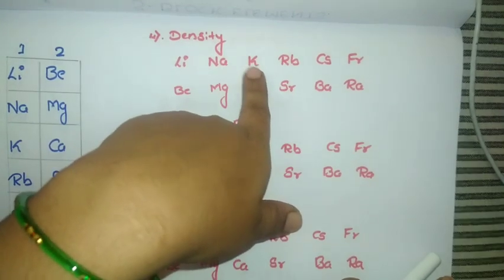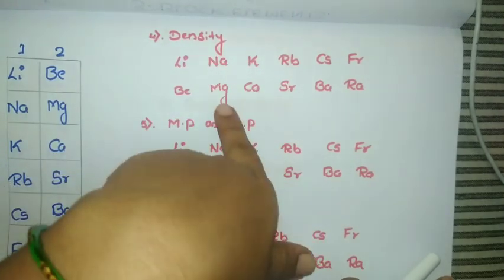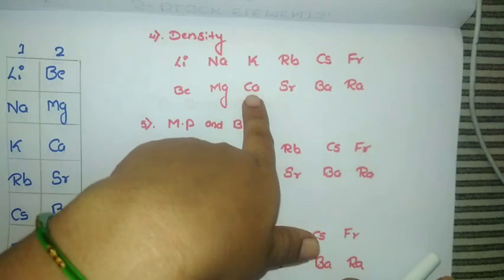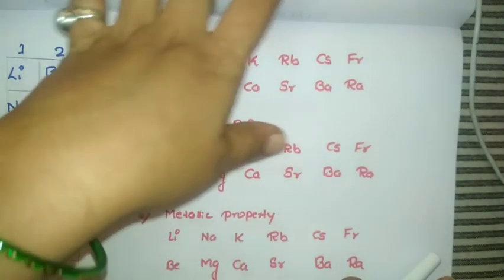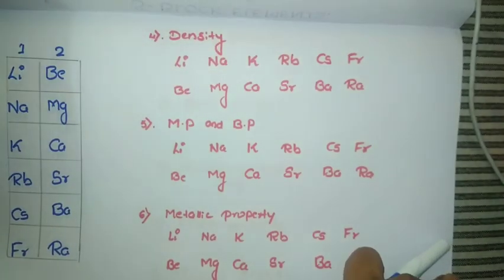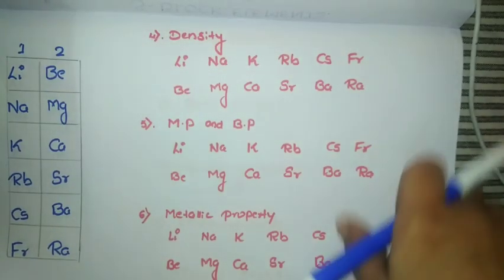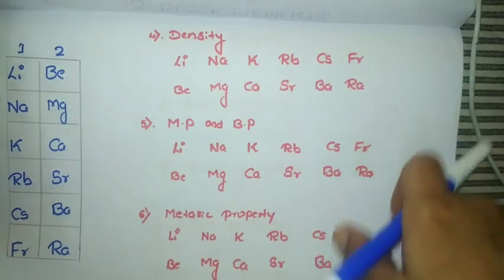Potassium is very light compared to sodium. What is the reason? Compared to magnesium, calcium has a low density. What is the reason? We need to concentrate on all these things. In the next video we're going to discuss these periodic trends. Thank you.